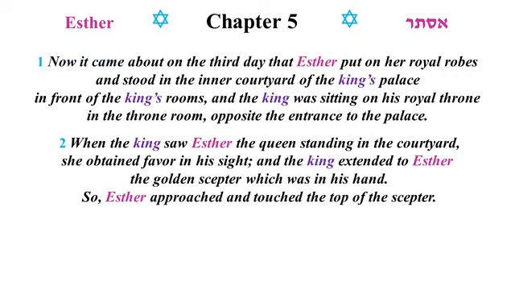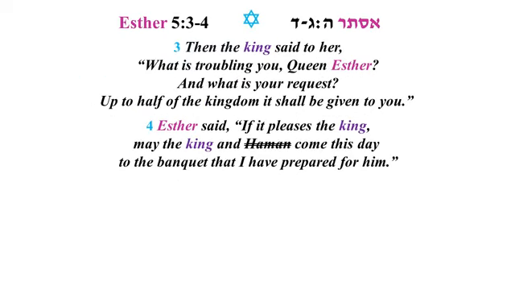So Esther came near and touched the top of the scepter. Then the king said to her, "What is troubling you, Queen Esther? And what is your request? Even to half of the kingdom it shall be given to you." Esther said, "If it pleases the king, may the king and Haman come this day to the banquet that I have prepared for him."